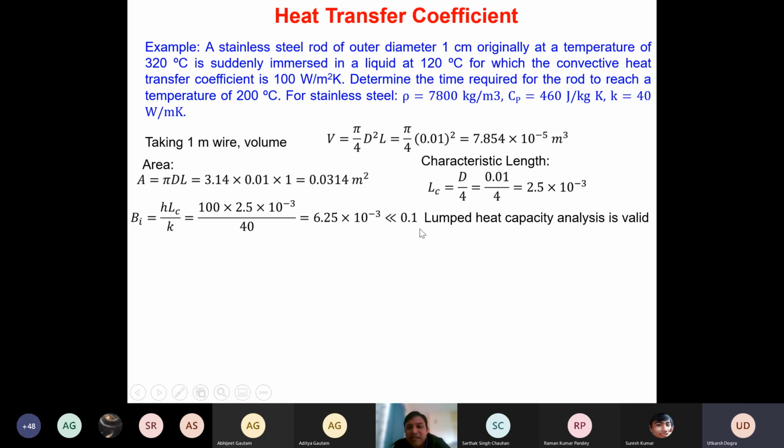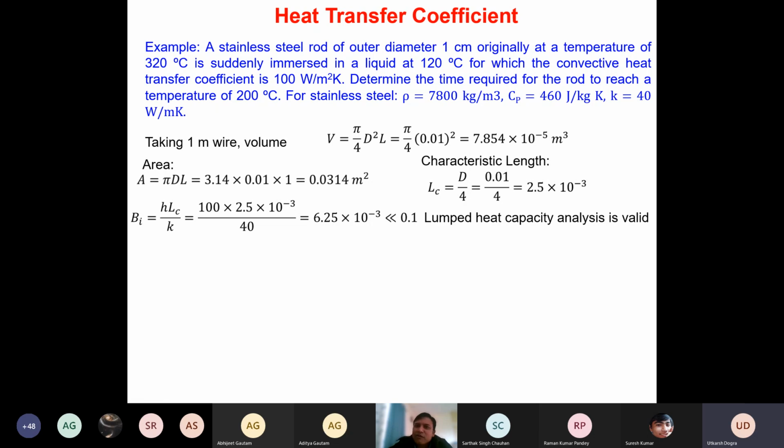When the Biot number is very much less than 0.1, we are saying that whatever change in the surface temperature occurs on the metal wall will immediately affect the entire metal rod, instead of taking some time for a temperature gradient to develop.